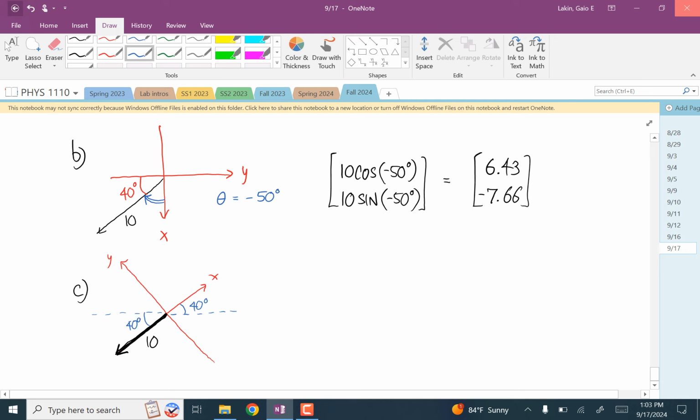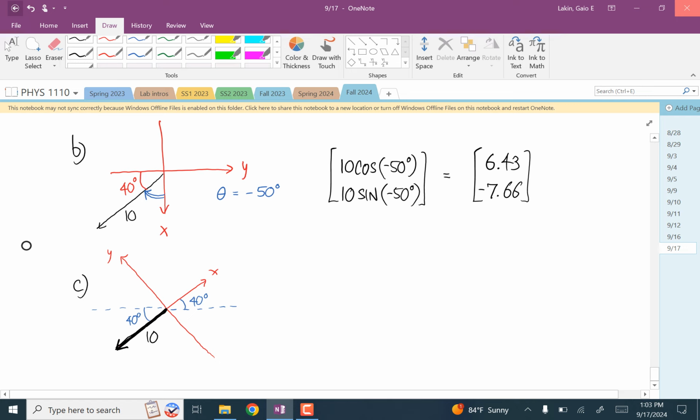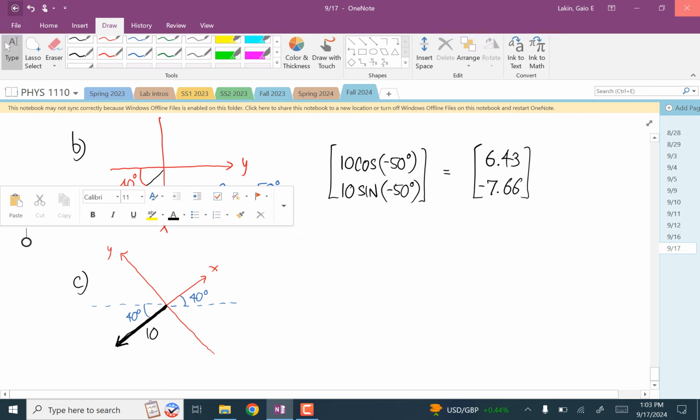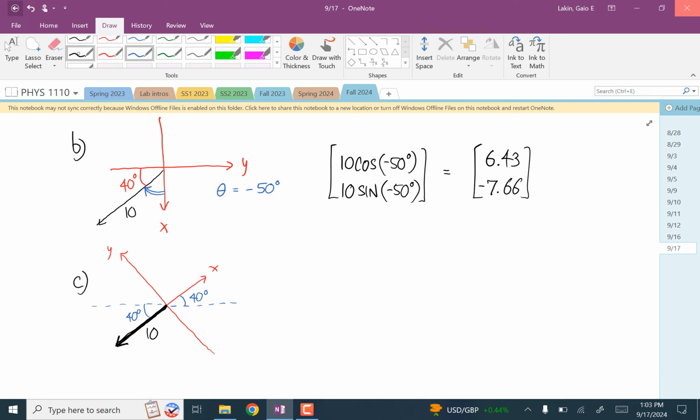And so now, what are the components of that vector in this rotated coordinate system? It's just pointed straight along the negative x-axis. And so we can just write this right away as negative 10 in the x direction, 0 in the y direction.